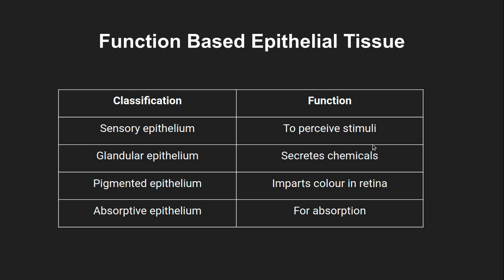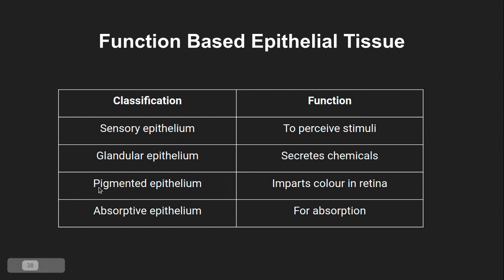Or a nose, which has the innermost cavity with receptors which take the smell to the brain. So that is again perceiving the stimulus that is coming to us. So that is sensory epithelium. Glandular epithelium will ultimately secrete something, so secretion of a chemical. For example, your salivary epithelium or the oral epithelium.